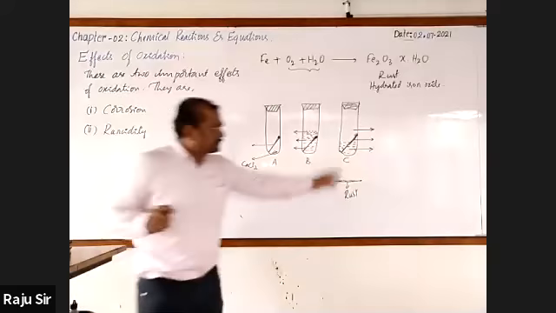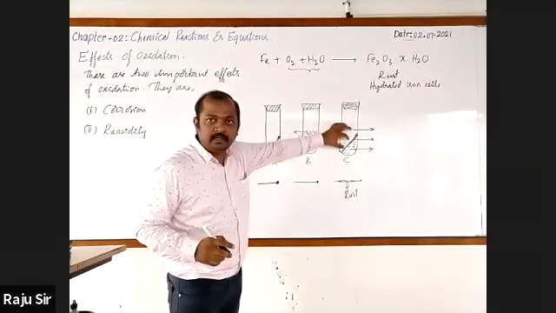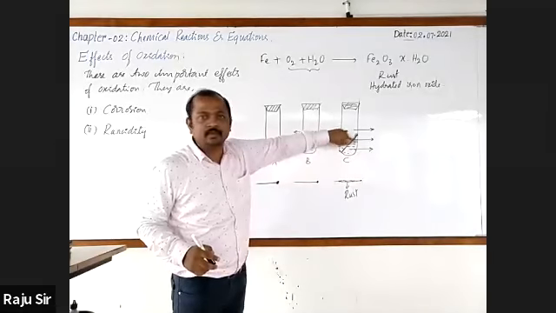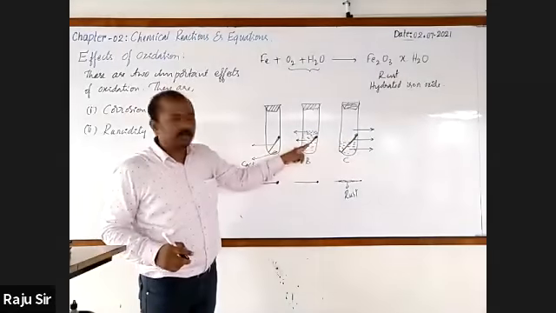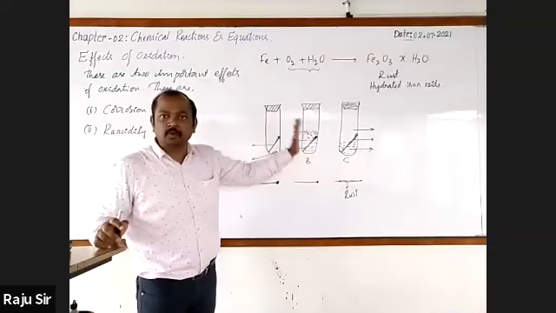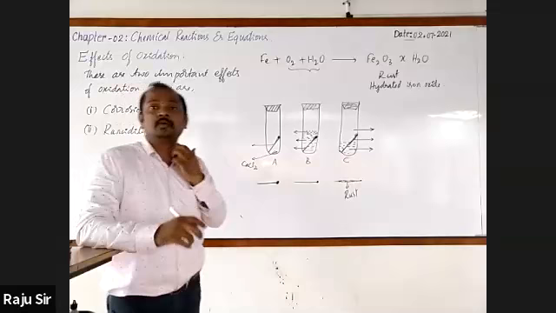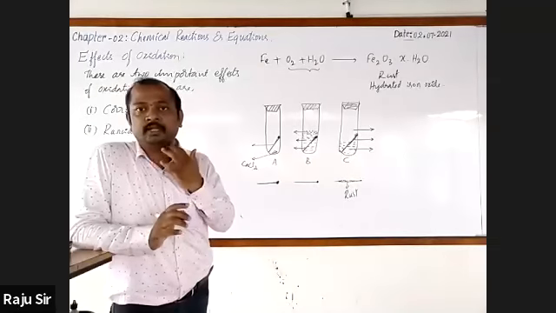It is because in the third case, the iron nail is in contact with both air and water. In the second case, it is in contact with only water. In the first case, it is in contact with air only, that is, oxygen only.